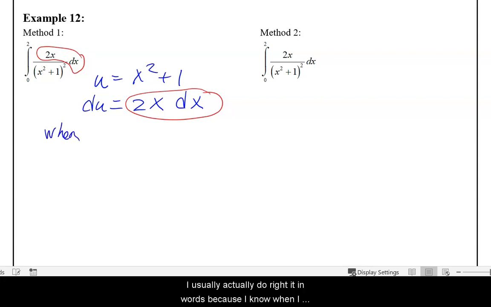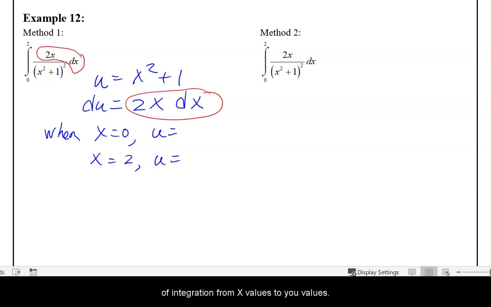I usually actually do write it in words because I know when I look at it later, I'll go, why did I write that? But if I write when x equals 0, comma, u equals, then I know that what I was doing was substituting out the limits of integration from x values to u values.